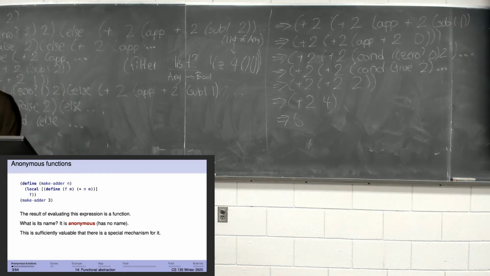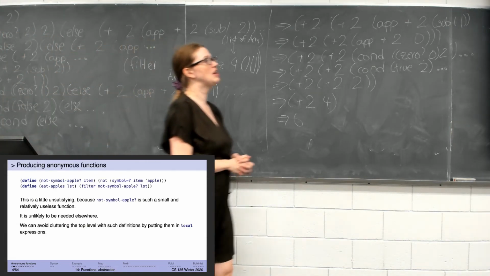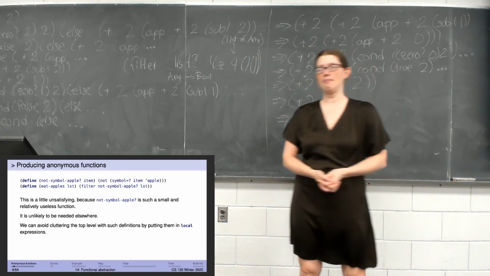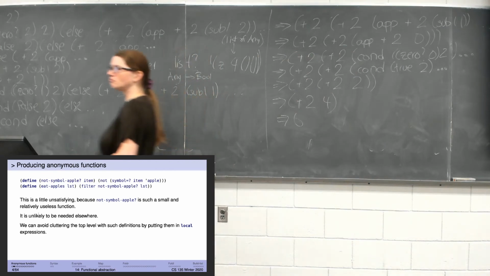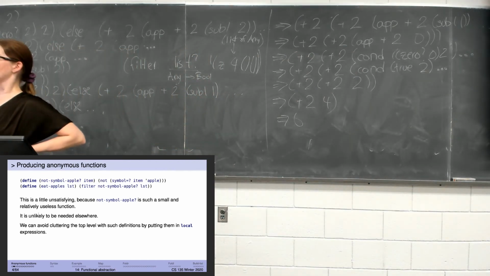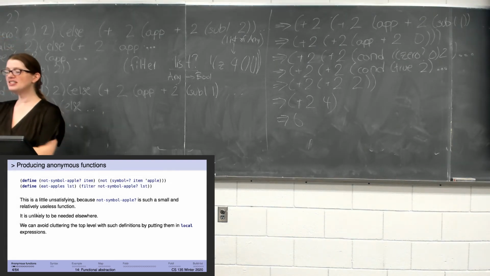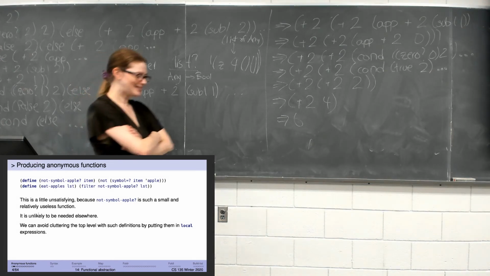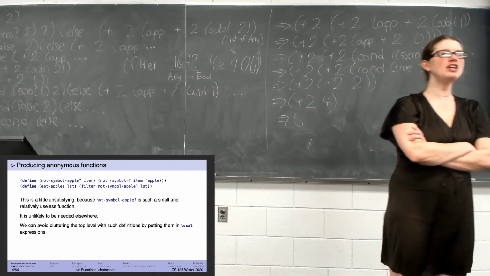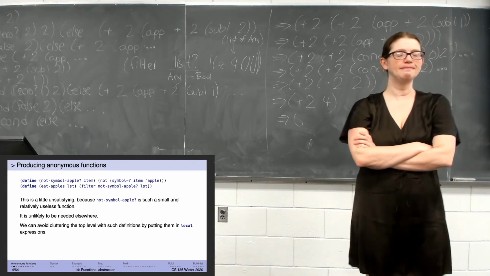Okay. If we want to assign that anonymous function a name, by the way, what we're going to have to do is bind it to a name. All right. So here's another example. makeAdder used a local, and we saw that the local produced an unnamed function.